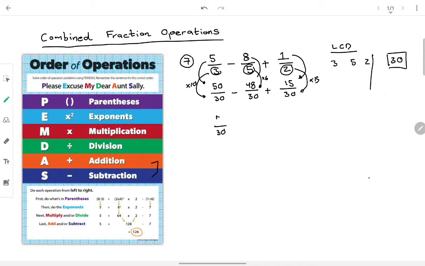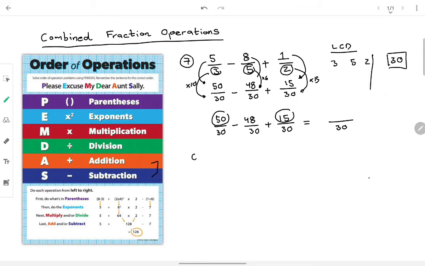I will copy it to have it in a better view. So let's see. In this case, because it's an addition and a subtraction, the result will have the same denominator. To know if the result is going to be positive or negative, we need to look at the numbers. The positive ones are 50 and 15.